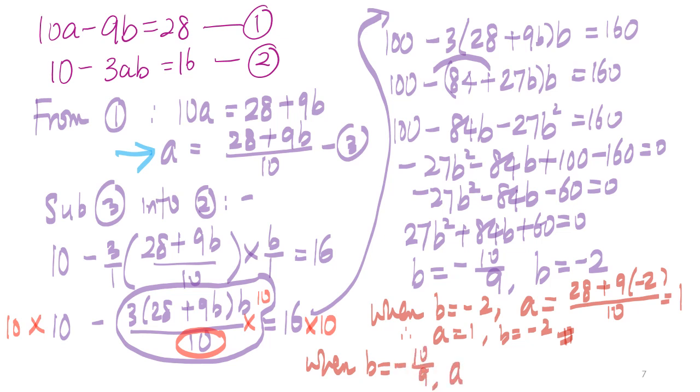So you sub into equation 3 again. You get 9 over 5. So the second set of answer will be a equals 9 over 5, b equals negative 10 over 9.